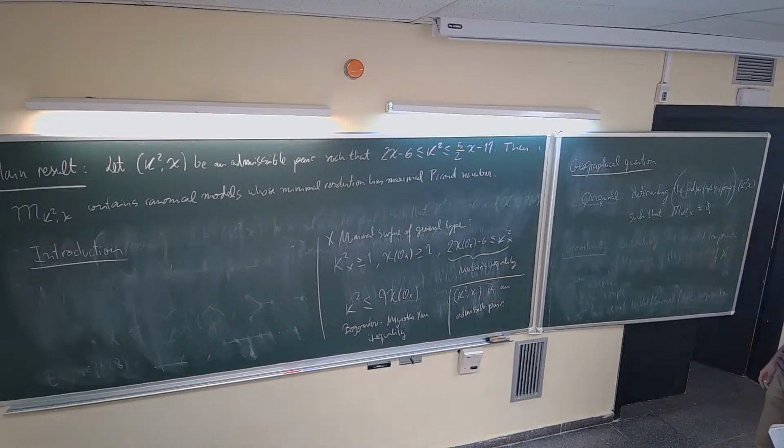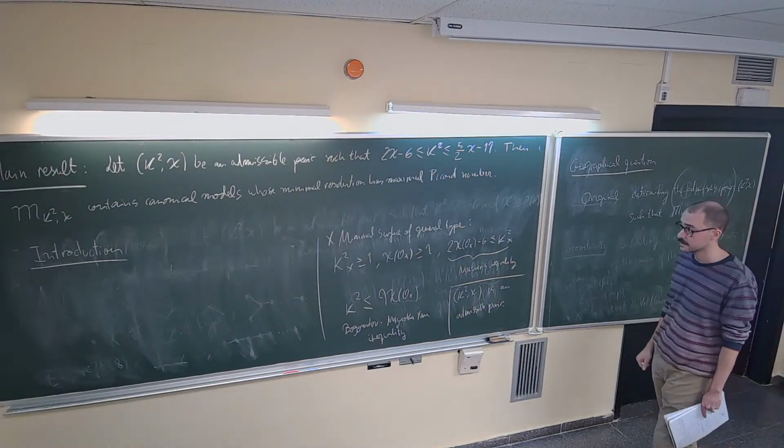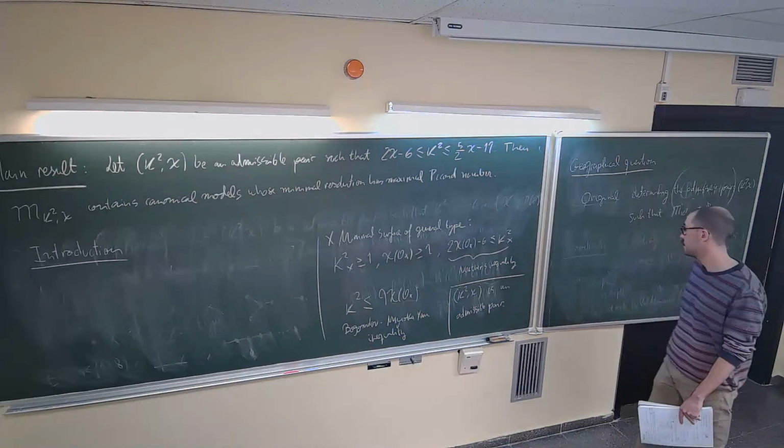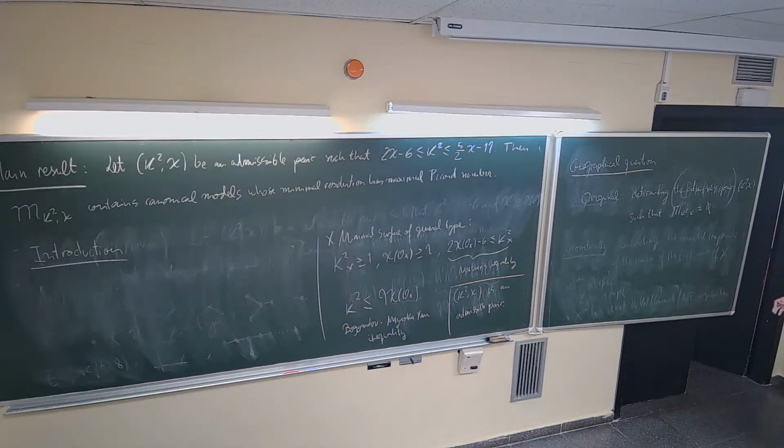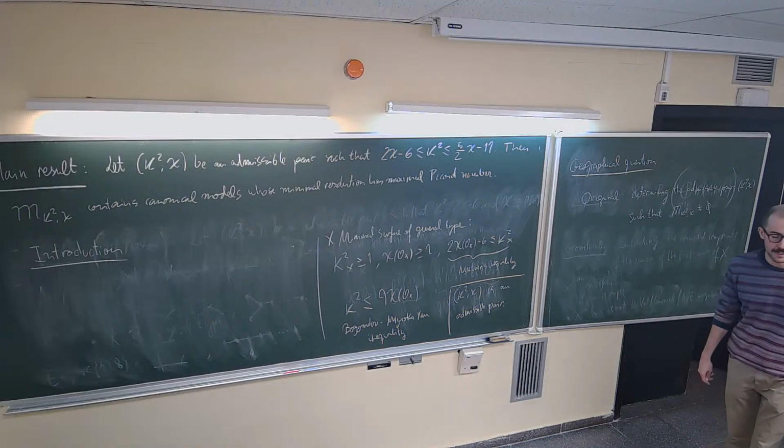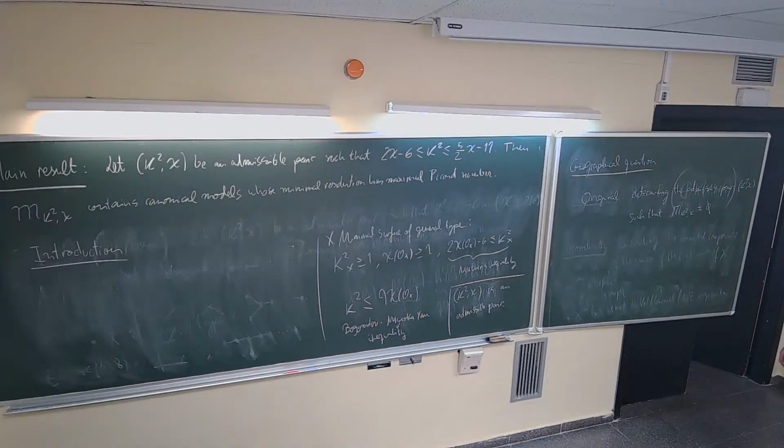But in principle, we don't know if for every pair of invariants satisfying these inequalities, there exists any surface. So this was the original geographical question. There are still some missing cases, but the general belief is that we can find surfaces for any of these pairs of invariants.